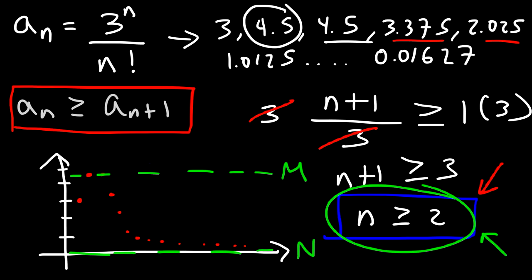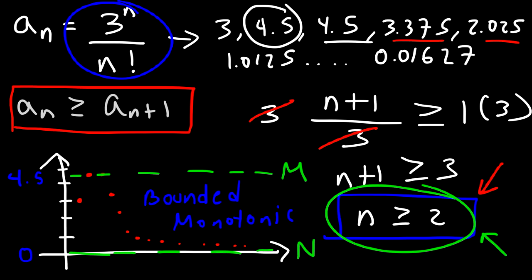We have an upper bound at 4.5 and a lower bound at 0. So because it's bounded and it's monotonic, we can therefore say that this sequence is convergent. And as we saw, if we take the limit as n approaches infinity, it converges to 0. So the graph, you can see that it's approaching the x-axis. So this is a convergent sequence.